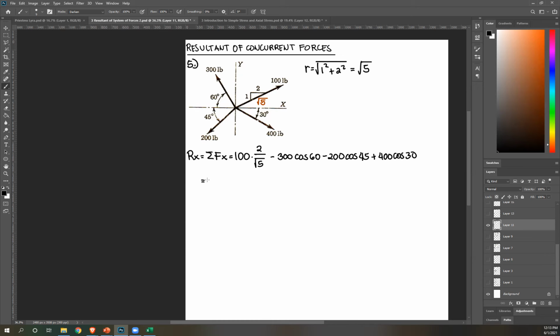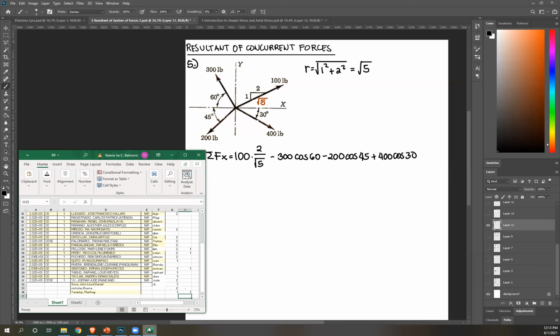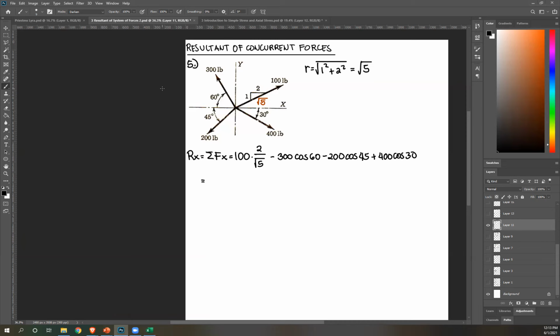Correct. 144.43. Store that in your calculator.